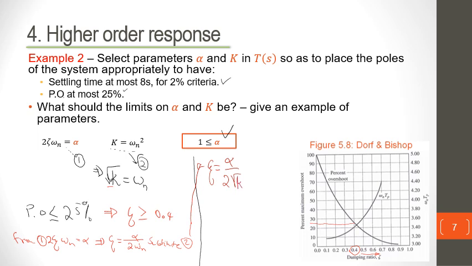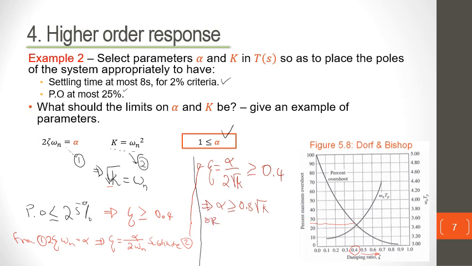And this, we are told, has to be at least 0.4, which now means that we can write that alpha has to be greater than 0.8 square root of k, right?